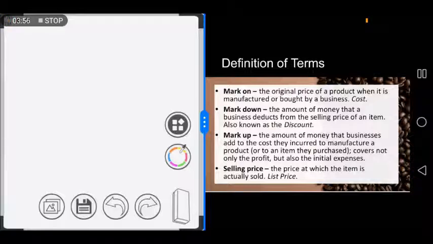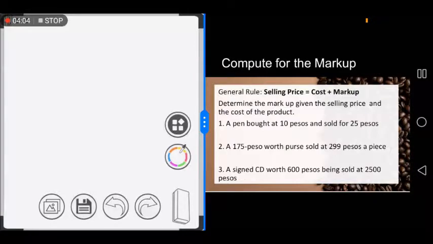So the selling price is the price at which the item is usually sold, also known as the list price. So the general rule for computing the selling price, no, the selling price is equal to the cost plus the markup. No, so if you're given the selling price and the cost, all you have to do is to subtract the two so that you can have the markup.